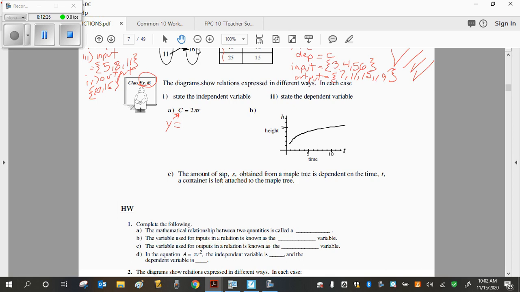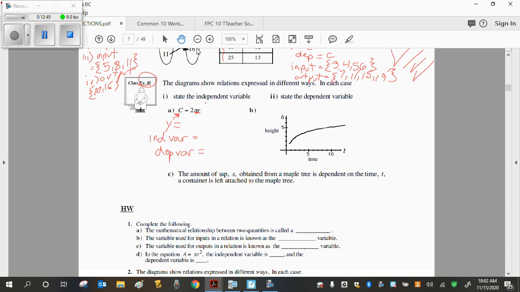Okay, so it says independent first. And remember, it has to be a letter. That too has nothing to do with our independent and dependent variables. Variable means letter. So our independent is the x. Which one is the x?